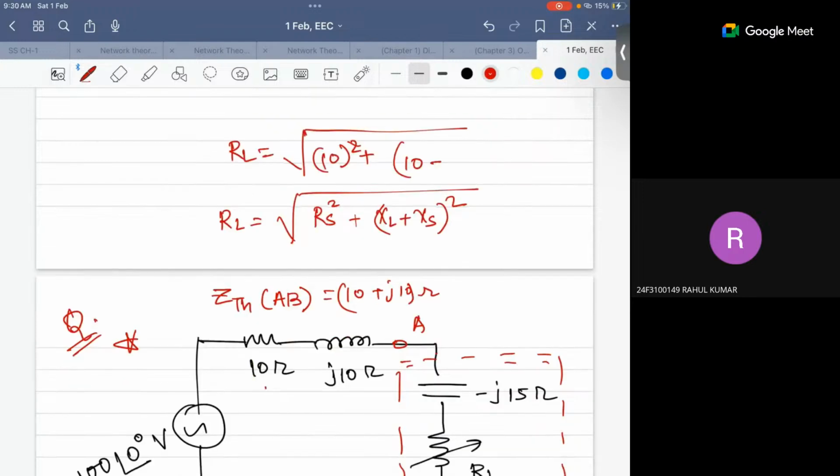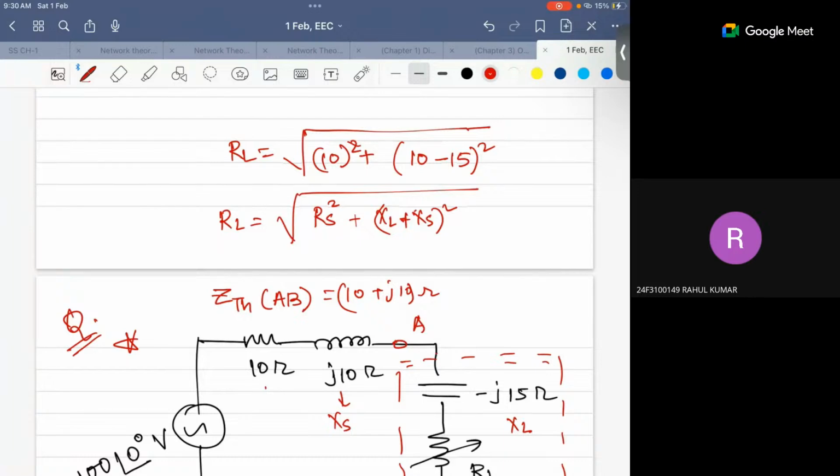What is the value of XS? Sorry, 10 only. Okay, now you have to tell me what is the value of XL? XL is what? -5, right?